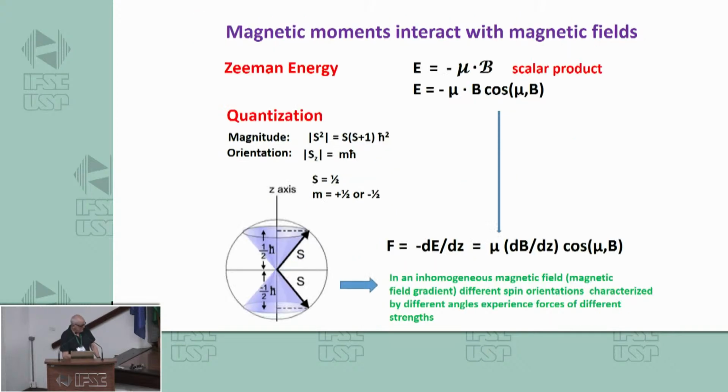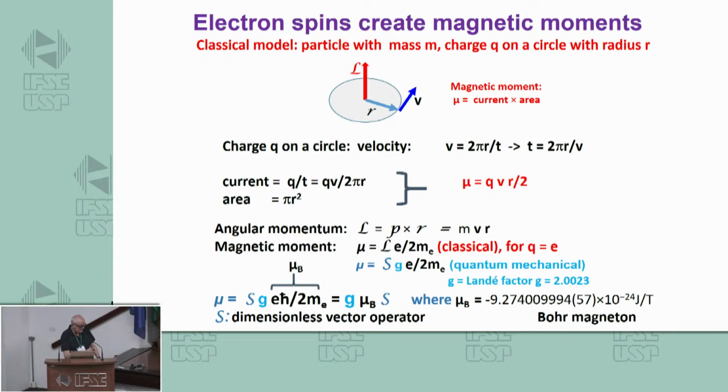So then the magnetic moment over here is given by qvr over 2. Now, angular momentum is the cross product of momentum and r. Momentum is m times v, the tangential velocity, multiplied by r. It's 90 degrees.